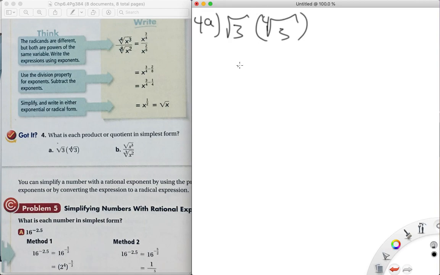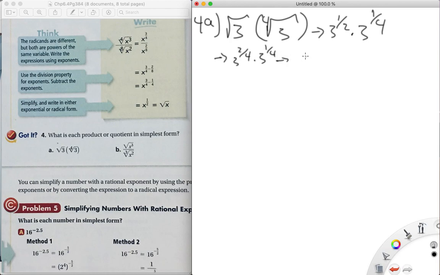That's the same thing as saying 3 to the 1/2 times 3 to the 1/4. I could turn 1/2 into 2/4 to get a common denominator. So that's 3 to the 2/4 times 3 to the 1/4.